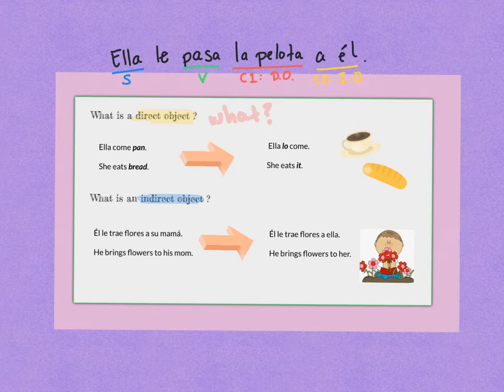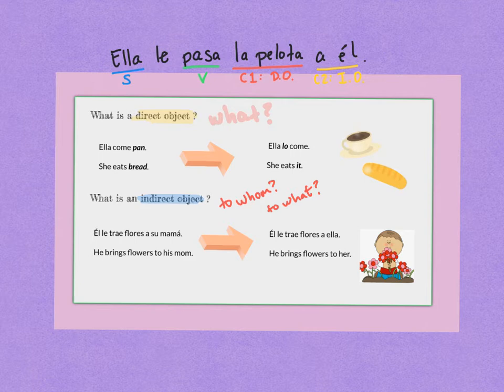In this case, if we said that a direct object answers to the question what, an indirect object is going to answer to the question to whom or to what. Okay? So this is how you can see that in this phrase above, a él is indirect object because it means to him.